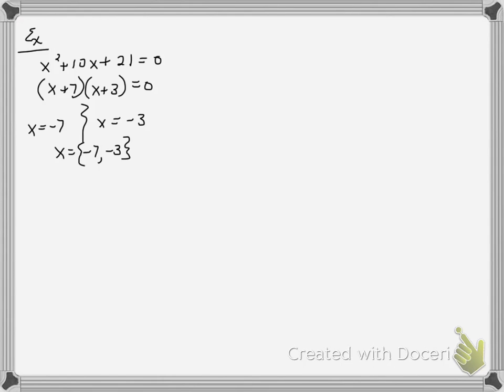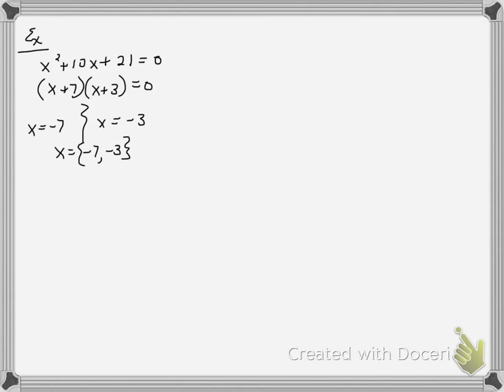Let's take a look. We factored this out. We need two numbers that multiply together to get 21, and sum together to get 10, and then we'll solve it twice, the left side and the right side both set to 0.